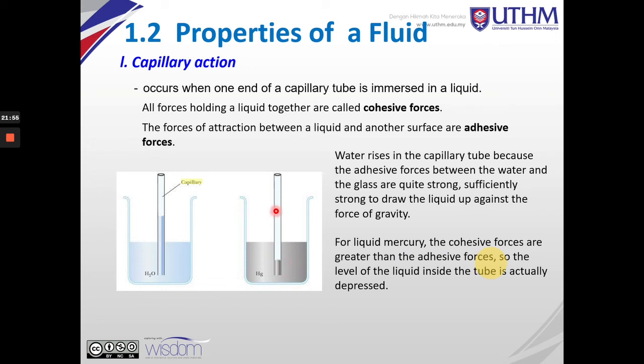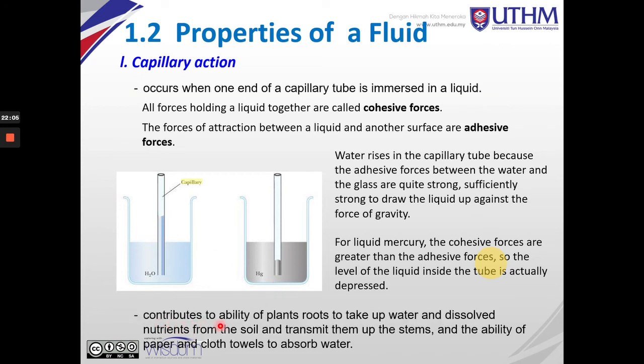It is not increased there, it is just depressed, but the capillary inside the H2O is increased. This contributes to the ability of plants' roots to take up water and dissolved nutrients from the soil and transmit them up the stems, and the ability of paper and cloth towels to absorb water.